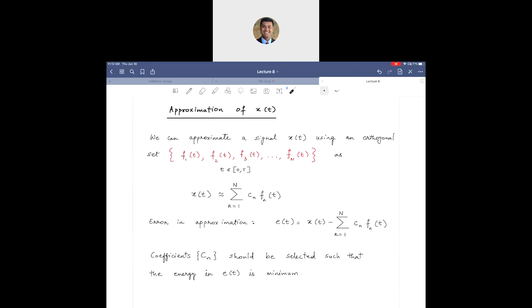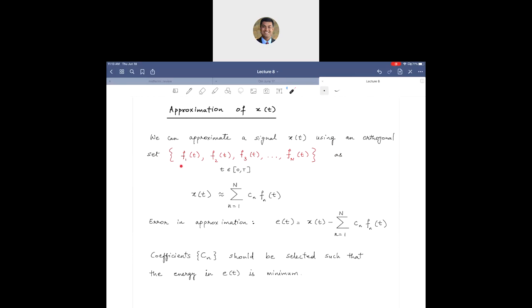But in general, it might not be exactly equal, which is why I say it is an approximation. Because if it has to be equal, then it has to be an infinite series. So we can approximate a periodic signal x of t using an orthogonal set.